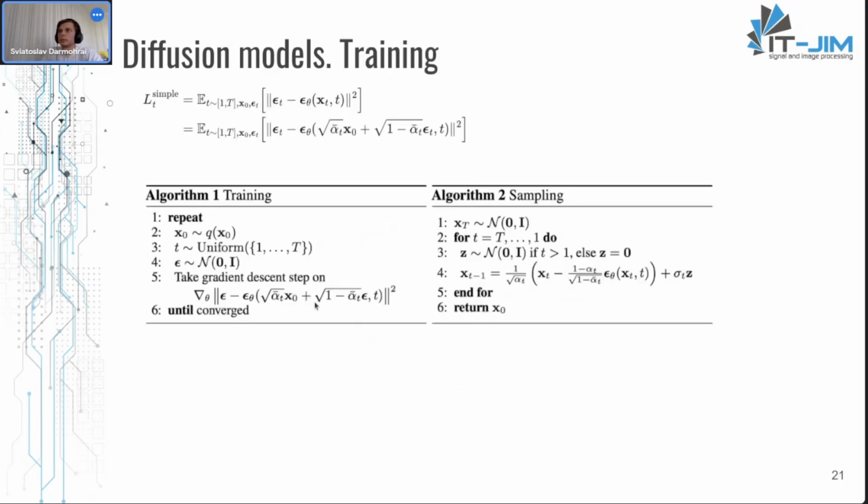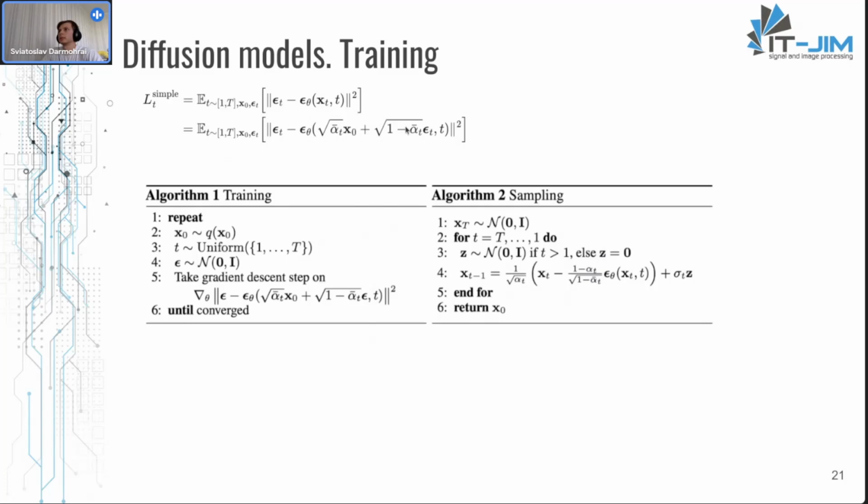How could we train it? We could train it with a simple formula, basically taking the difference between randomly sampled noise and our model's estimate. This is the diffusion coefficient that mostly serves as a hyperparameter.